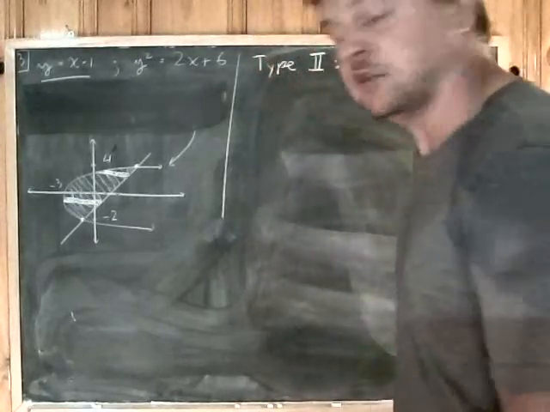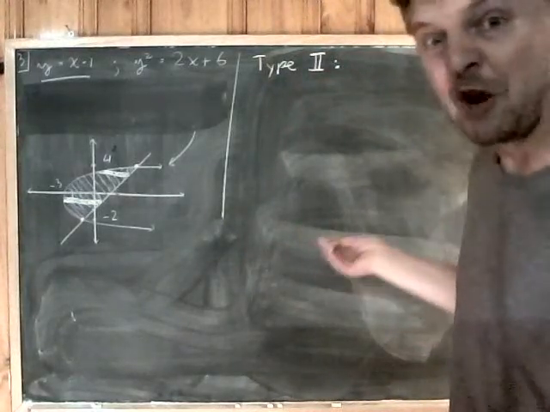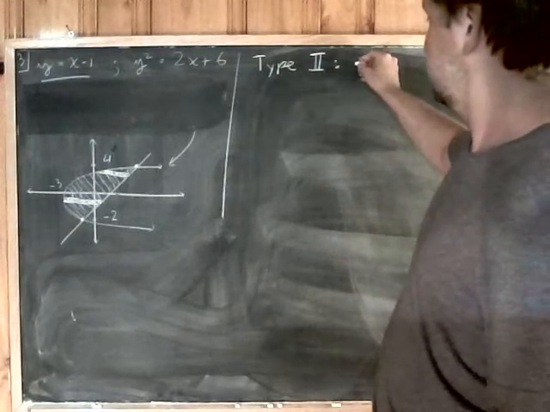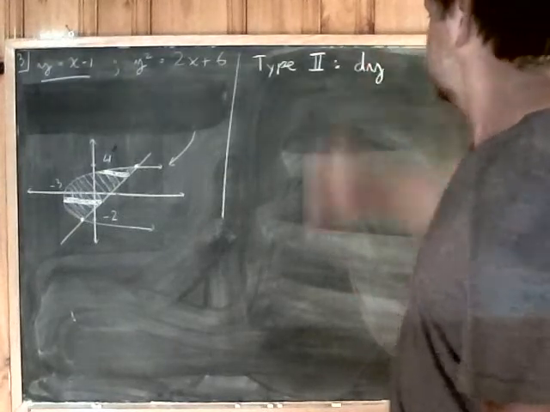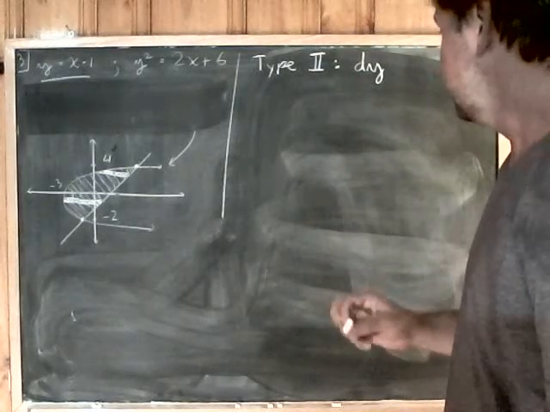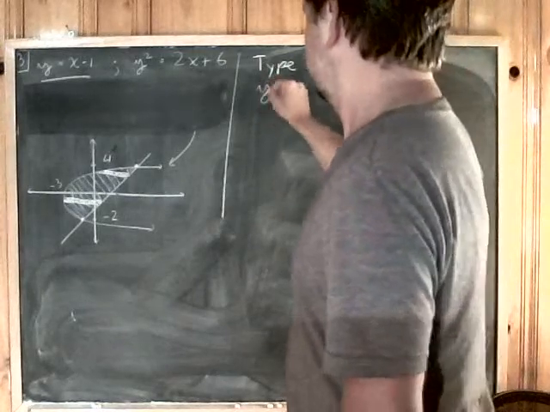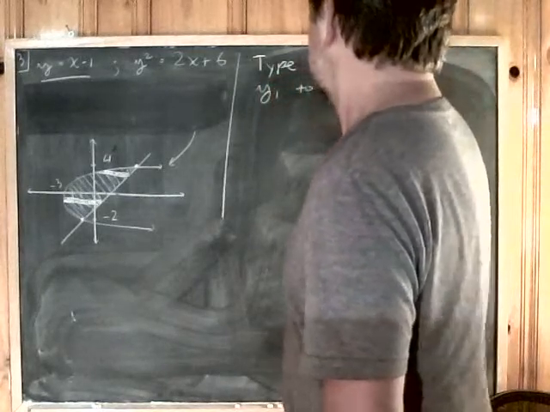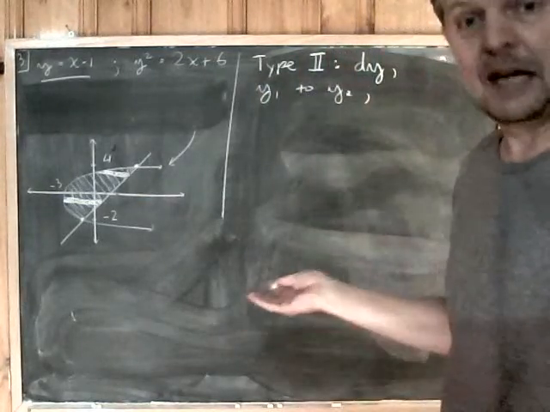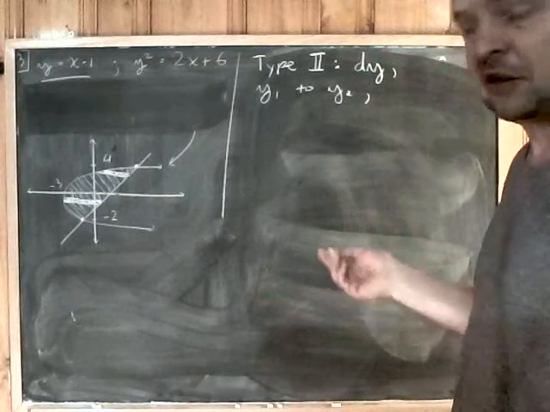and that immediately lets you know that we're going to be working with the y. We could call it type y, but that means that we have dy as the last thing we write down in our integral, and it means that we're going to be using y1 to y2 as the limits of integration, the lower and upper points of our integral.